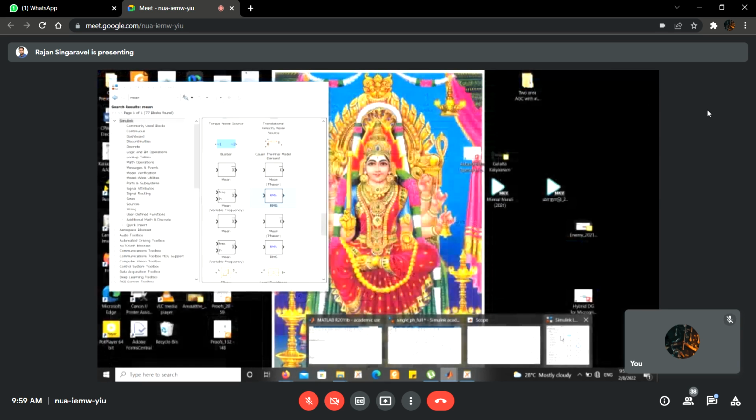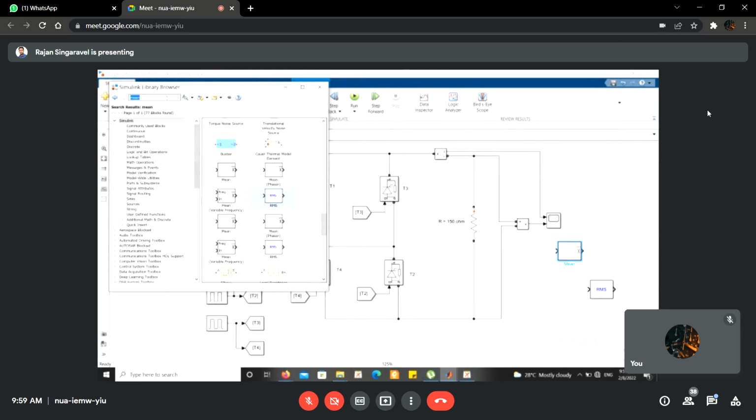So I'm going to measure both the RMS as well as the average DC voltage across the load terminal.